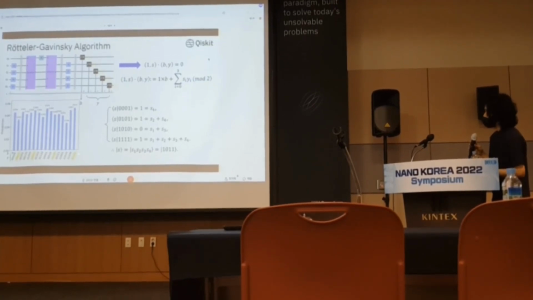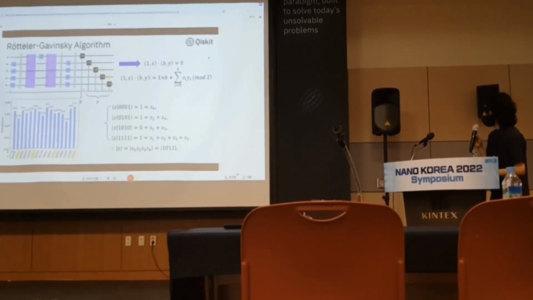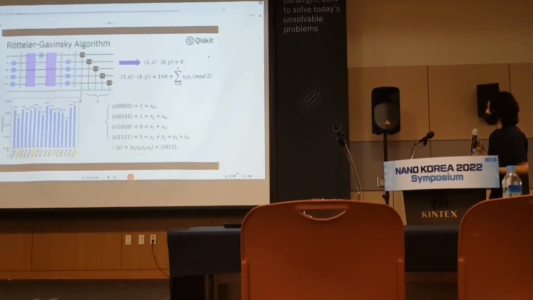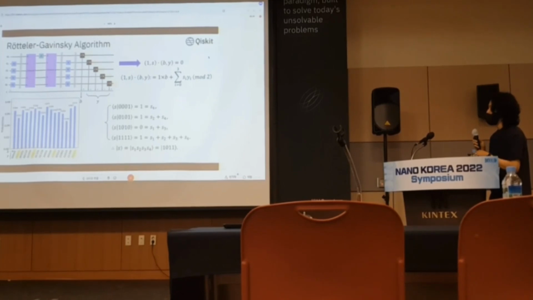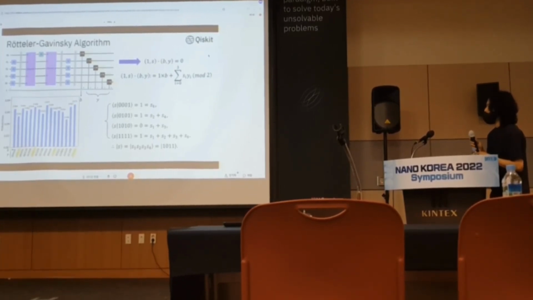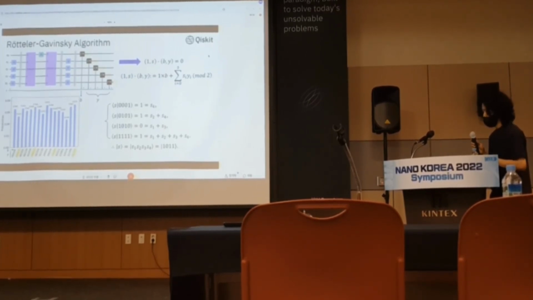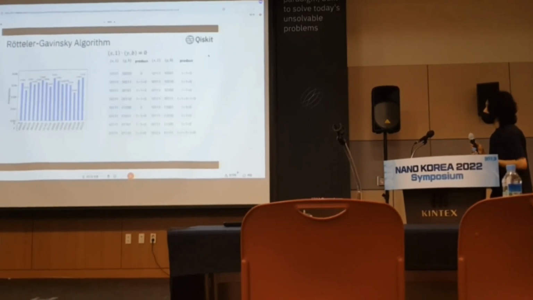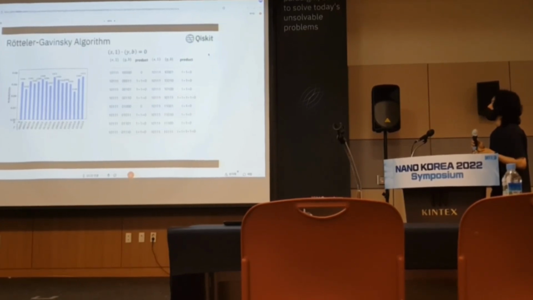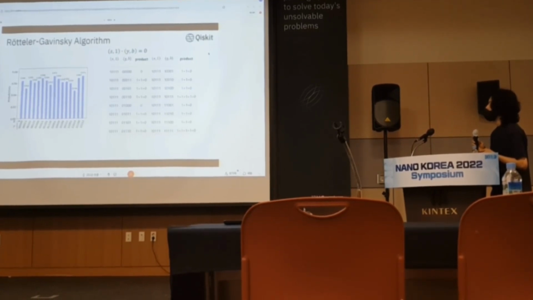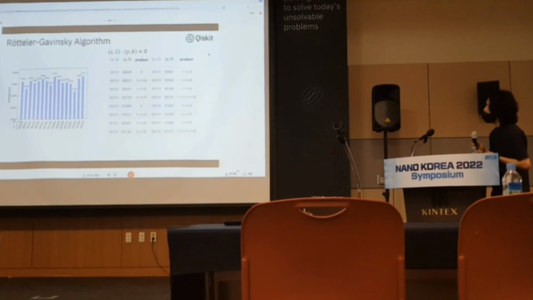In this example, to retrieve s, we choose 4 different states from this outcome and set them up as a system of linear equations like this. And by solving these equations, finally we get s like this. In this table, we can check that the dot product of s, 1 and y, b is always equal to 0. These are calculation results.